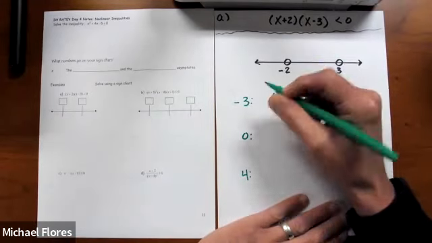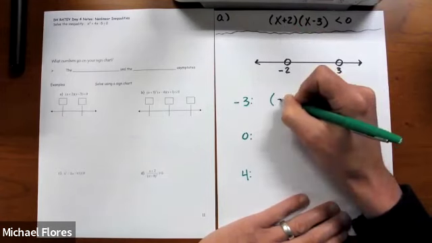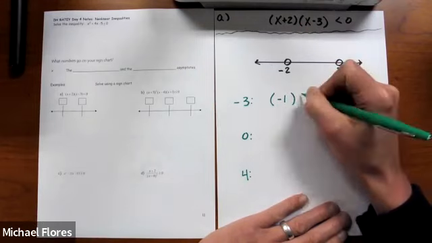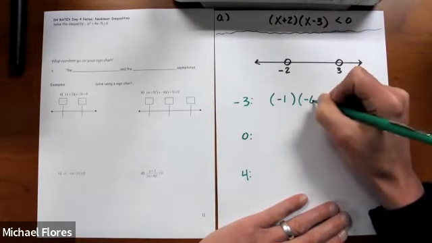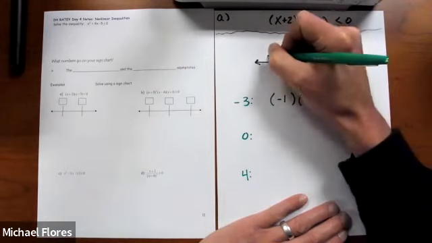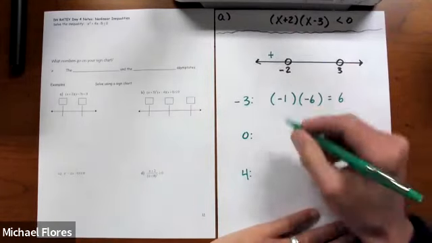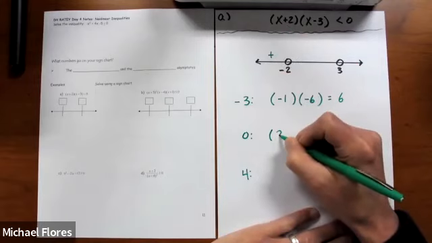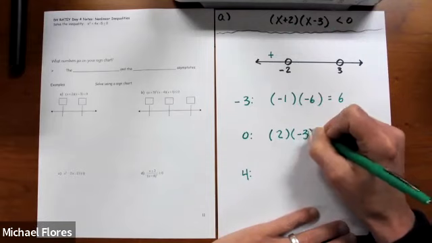All right. Take -3, plug it in here. -3 plus 2 is -1. -3 minus 3 is -6. Negative times a negative is a positive. So everything less than -2 is going to result in a positive number. We took 0 and substituted it. 0 plus 2 is 2. 0 minus 3 is -3.